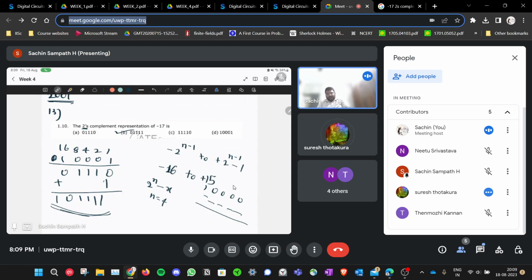For positive numbers, yes, you can ignore the positive terms there. That is true only because they work in a normal number system where there are weights to each of the bits, right?